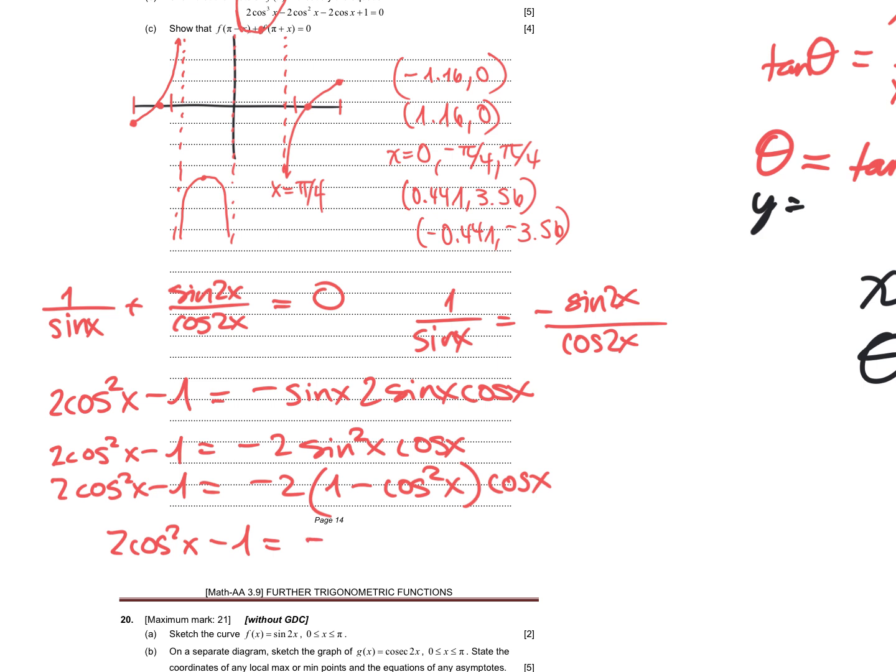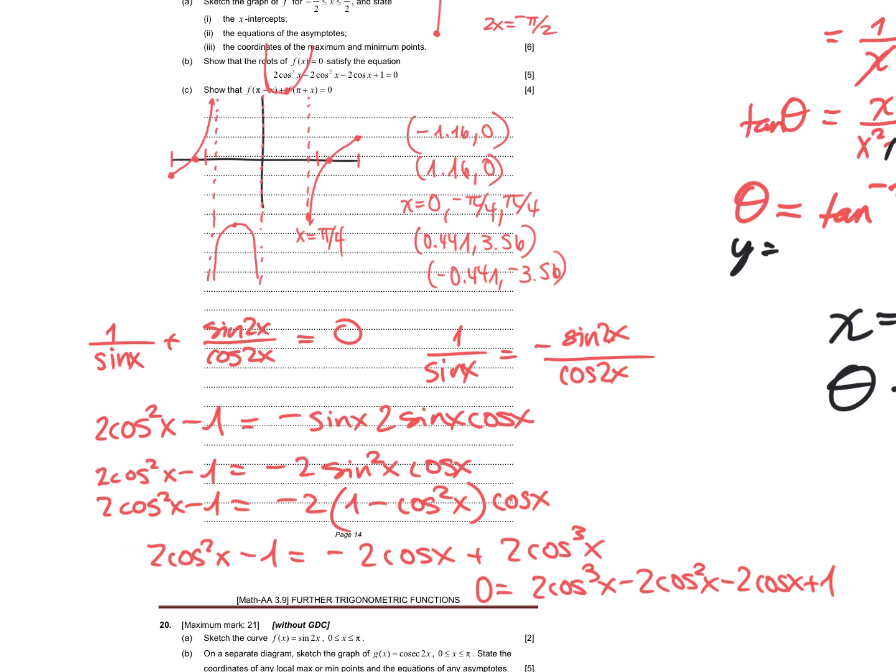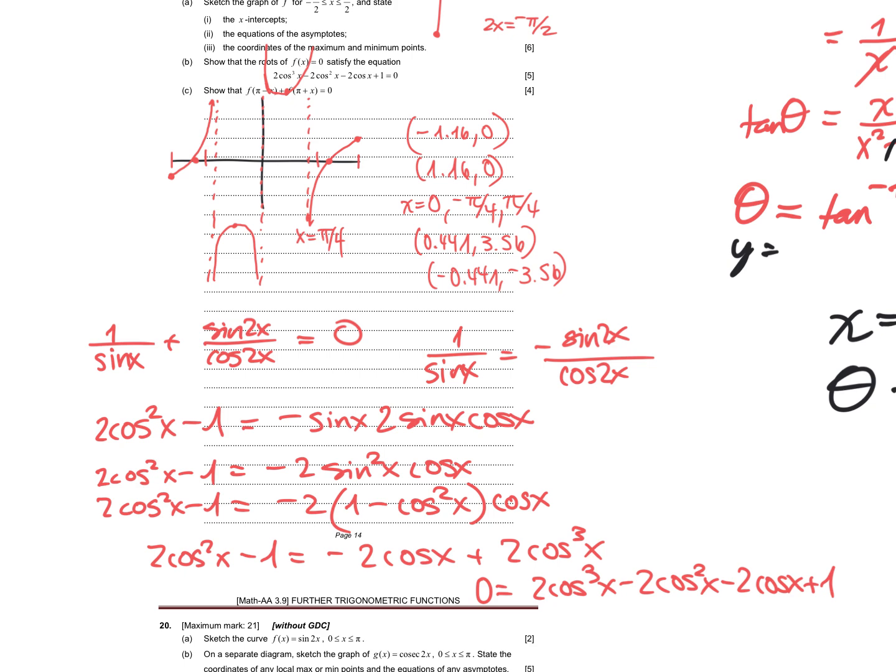And that's going to be negative 2 cosine x plus 2 cosine cubed x. So 0 is 2 cosine cubed x minus 2 cosine squared x minus 2 cosine x plus 1, which is what they wanted.